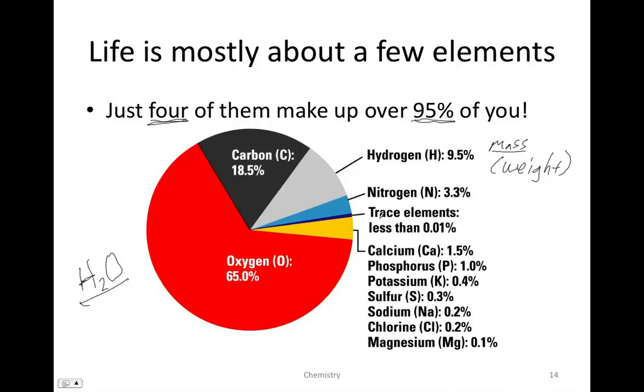The elements, some of them are in such low amounts that we don't even list them. We just say they're trace. Okay, and obviously we're not even close to the 100 total elements that make up biology. Biology is made of very few elements, mostly carbon, hydrogen, oxygen, and nitrogen.